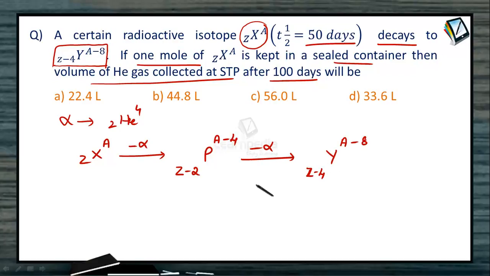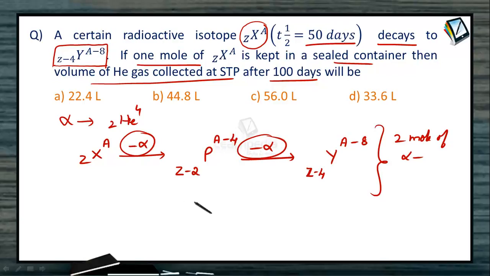It is very clear from this expression that during this decay, 2 moles of alpha particles are emitted per mole of the substance, isn't it? Because from here to here, there is a release of 1 alpha particle. Again from here to here, there is another alpha particle.